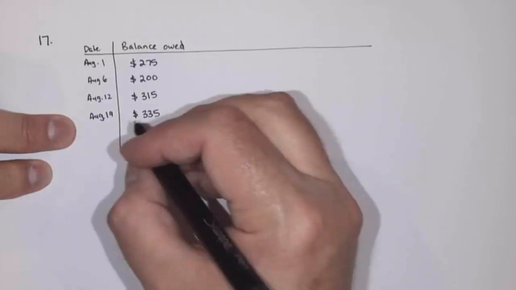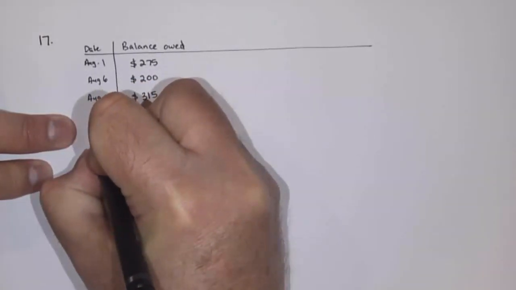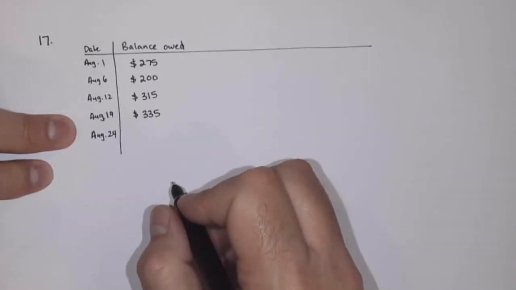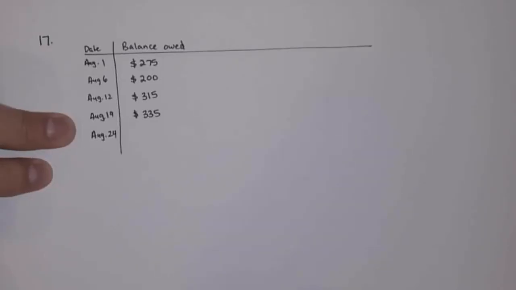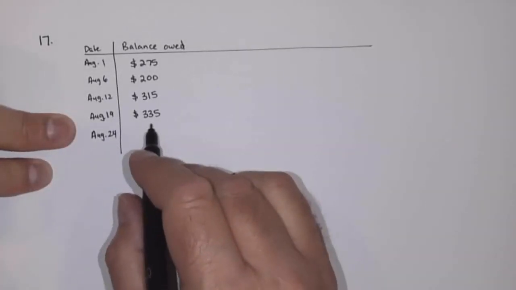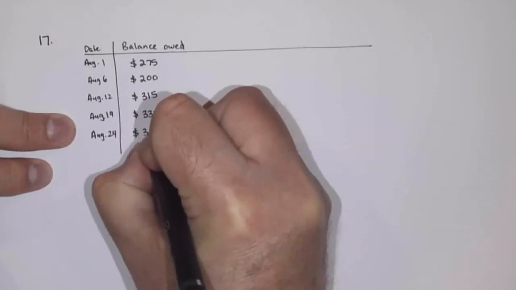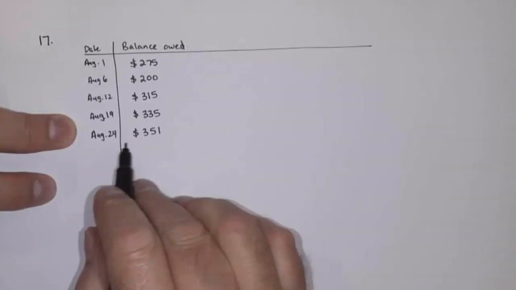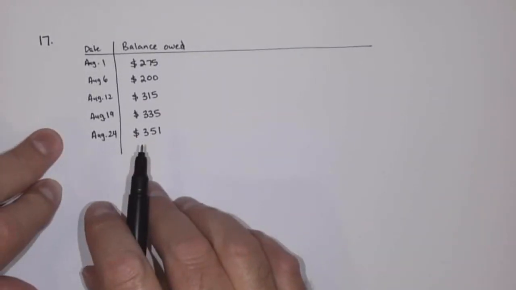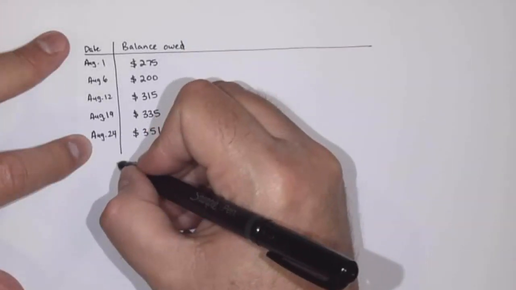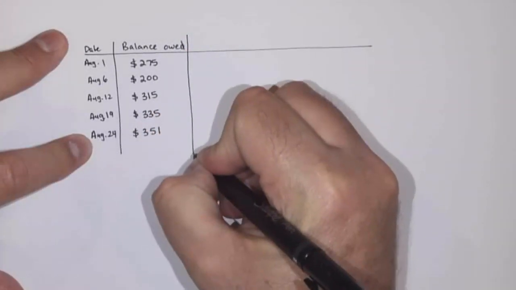Then on August 24th, another charge was made for $16, and if we add the $16 to the $335, that brings the balance to $351, and it remained that until the end of the month, from the 24th through the 31st.